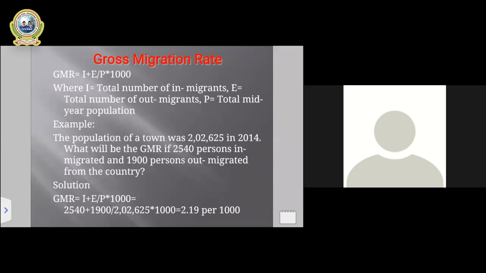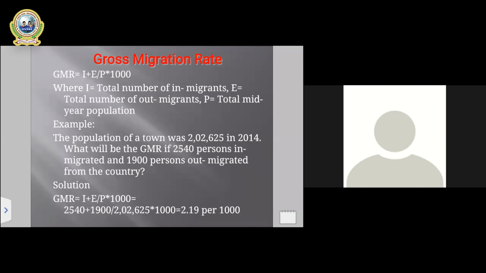Now, one example for you, to calculate GMR. Suppose the total population of a town was 2,02,625 in 2014.